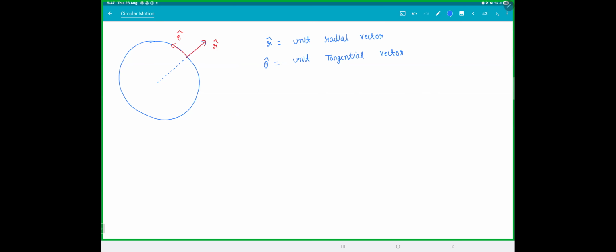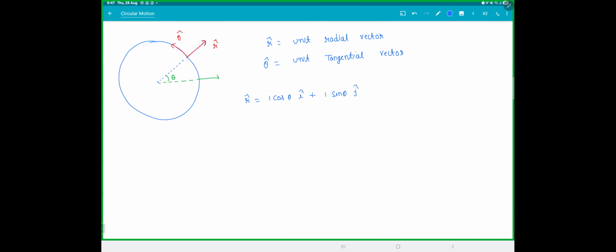Okay. Now, before jumping, let's see a few things. If you take this angle is theta, this is your whatever is the radius. So unit vector, right? What is r cap? So r cap is nothing but cos theta i cap, because unit vector, magnitude is 1, plus 1 sin theta j cap.